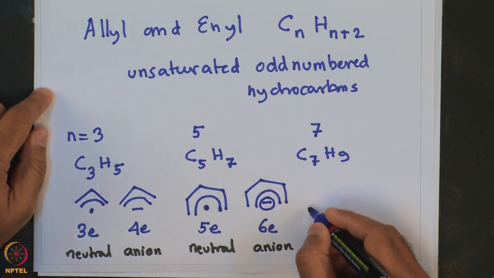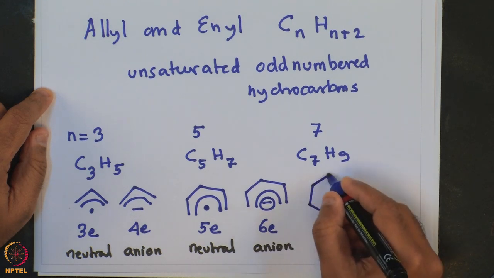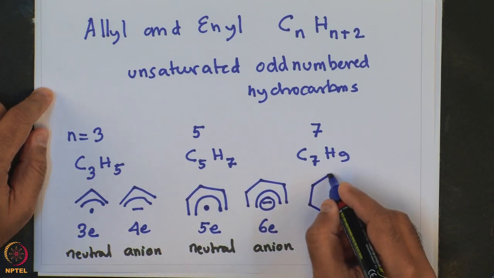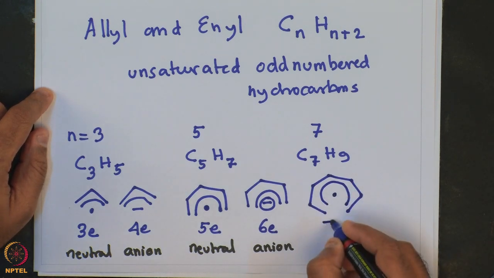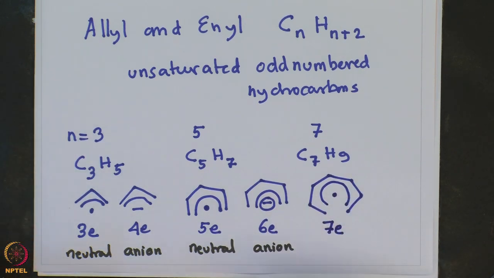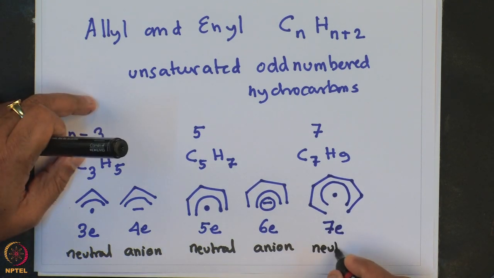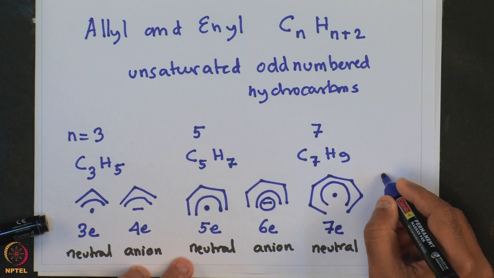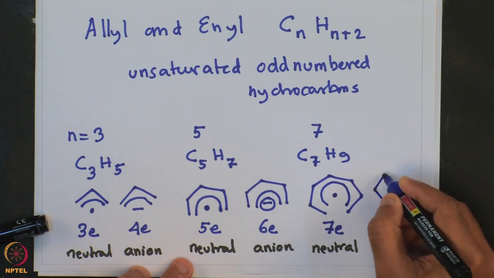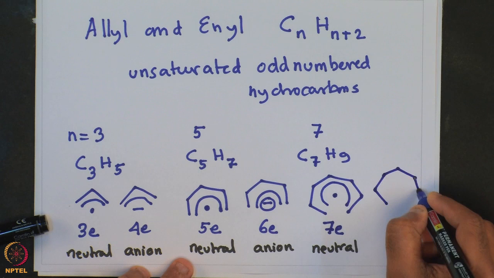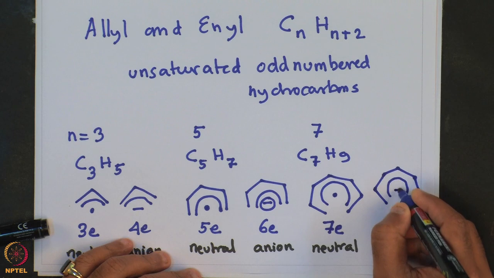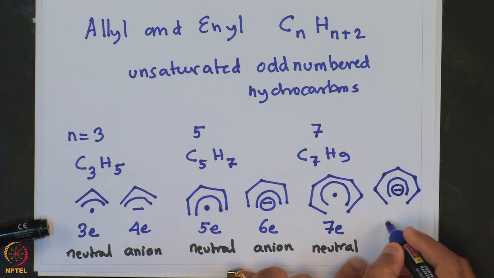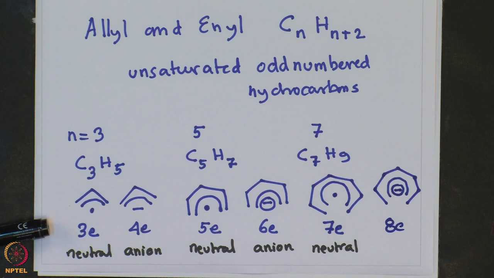Similarly, C7H9 in the neutral form is a 7 electron donor, and the anionic form will make it an 8 electron donor.